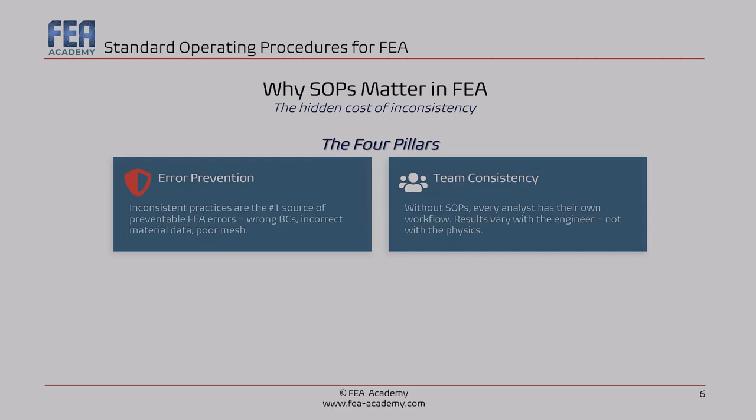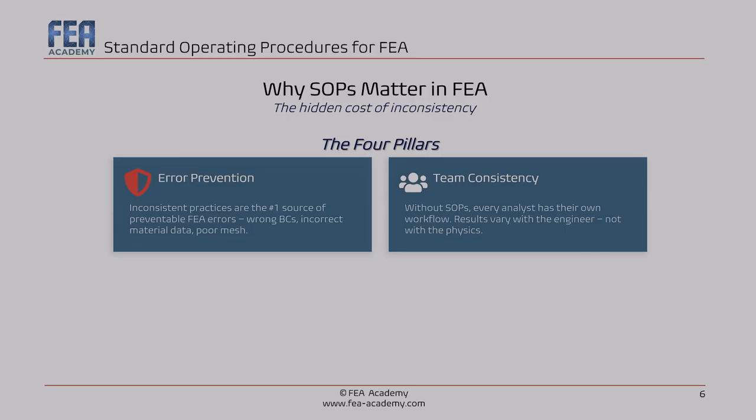You have 10 individuals doing FEA. So the variation in results is a measure of process noise, not physical reality. So SOPs compress that variation. They move the baseline up, not by constraining the good engineers, but by ensuring the minimum standard is visible and shared.